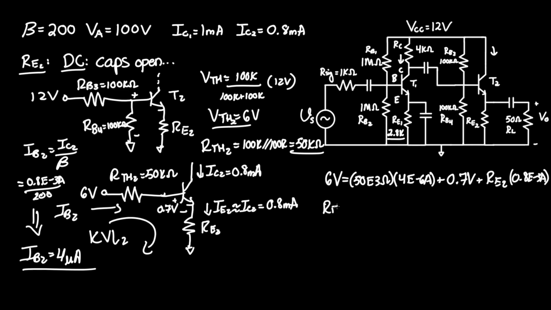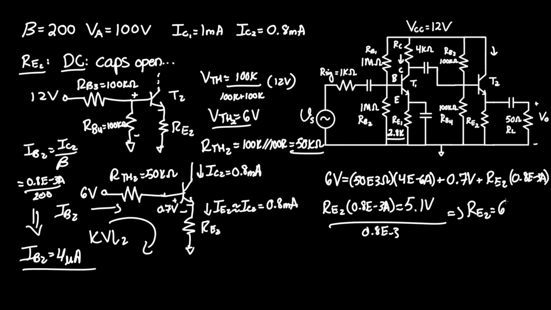Rearranging, we can move the variable to the left side. And after a little bit of simplification, we get our new voltage value of 5.1 volts. Dividing that by the current, we have our RE2 value equal to 6.4 kilo ohms.